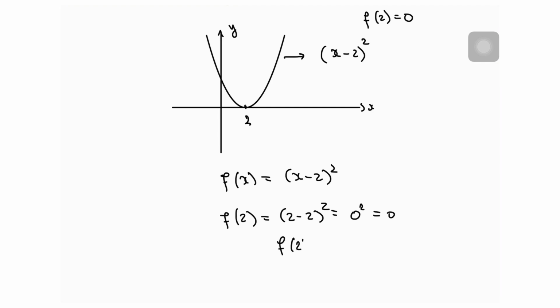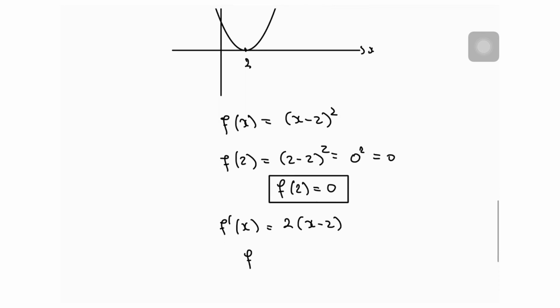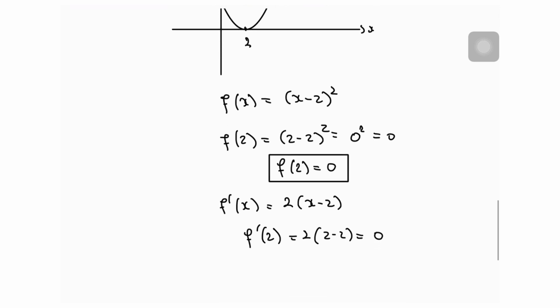So f of 2 equals 0. And also f prime of x is 2(x minus 2), so that f prime of 2 equals 2(2 minus 2), which is 0. So f prime of 2 equals 0 as well.